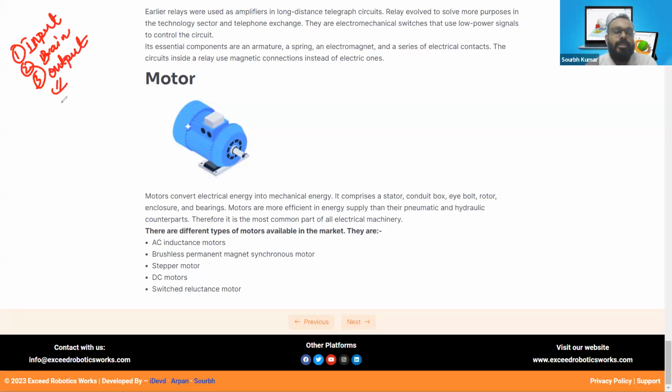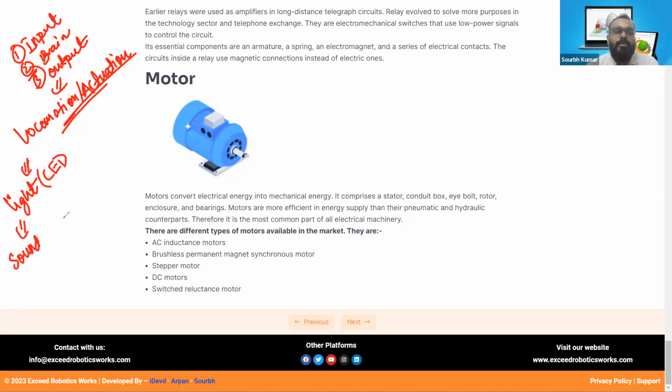So output can not only be measured in terms of locomotion. As I mentioned earlier, locomotion and actuation are the basic outputs from the robotics body, but it is not limited to that. We can also have different kinds of output in the form of light by utilizing LEDs, and we can also generate some outputs in the form of sound waves.